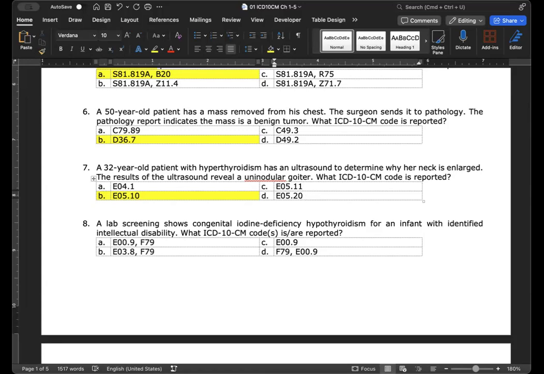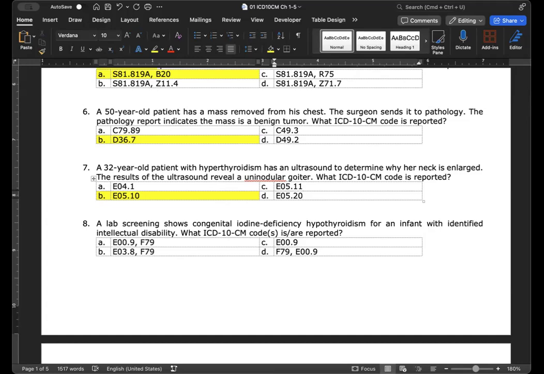Is that Jenny Stapleton? Yes. So are you good with why we're using the E05.10 and not the E04.1? Or do you need a little bit of an explanation on that? Okay, good. The reason I ask is that I saw somebody else say E04.1 as well. E04.1 is if there's not hyperthyroidism with a goiter.